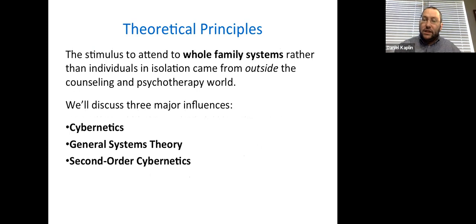When we pay attention to the whole family system, the whole unit, this idea did not emerge within psychology alone. This discussion was happening in other areas of business and machinery and whatnot. So we're going to talk about three different influences towards family systems.